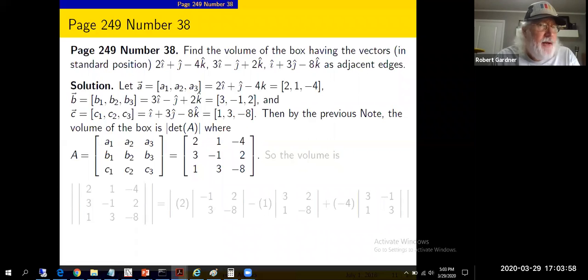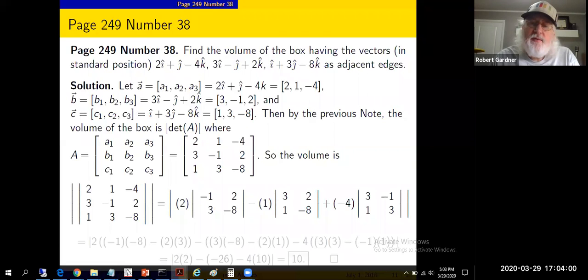We seem to have kind of buried the cross product stuff that seemed to be necessary by the previous result. So absolute value, outer bars, of the determinant, inner bars mean take the determinant, outer bars mean take the absolute value of that, is the absolute value of 2 times the determinant of this little 2 by 2 matrix.